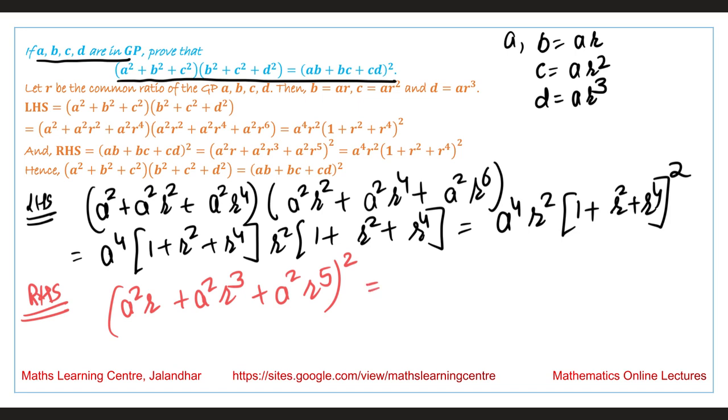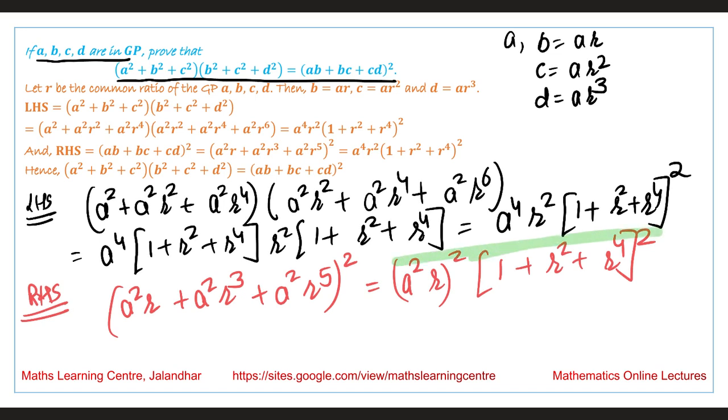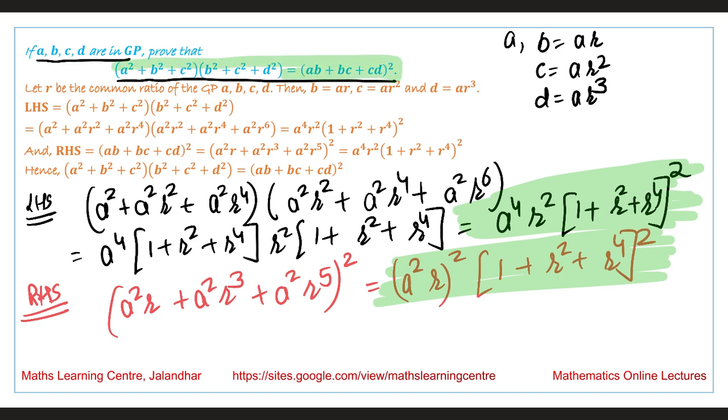So if we take A square R common, we will have A square R whole square into 1 plus R square plus R raised to the power 4 whole square, and clearly both these values, RHS and LHS, are equal to each other, hence this result is proved.